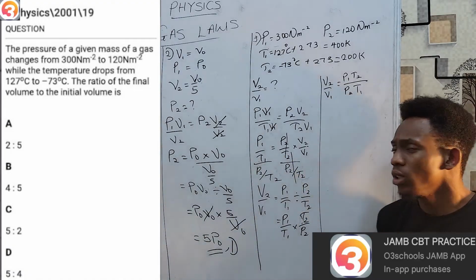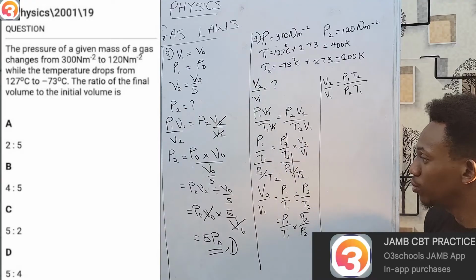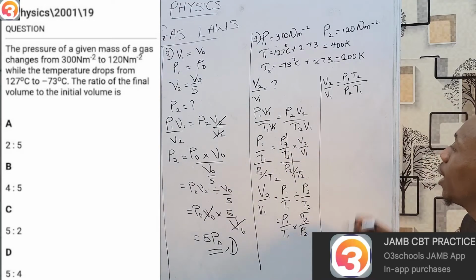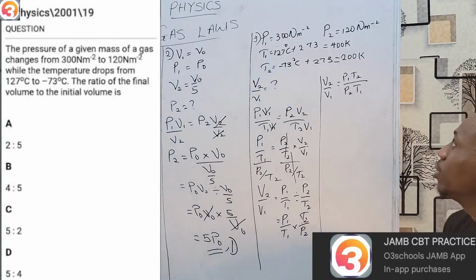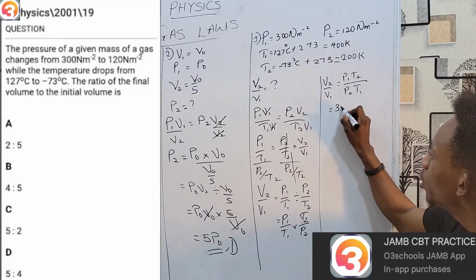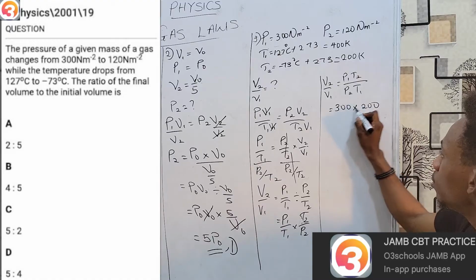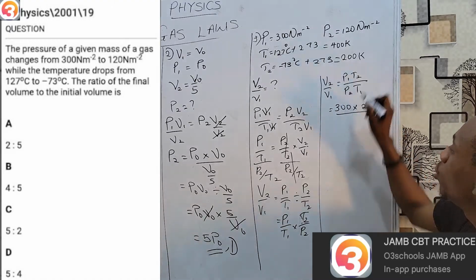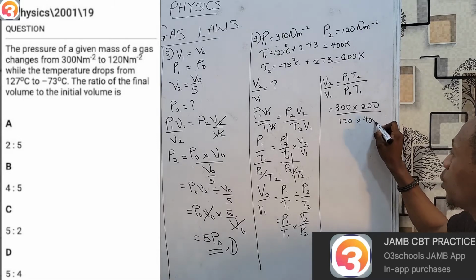Now, mind you, there's no difference in putting in your figures first and trying to solve. I just prefer to have an expression for what I want and then put in my figures directly, because this way I'll know that P1 is 300 times T2, which is 200, all over P2, which is 120, times T1, which is 400.